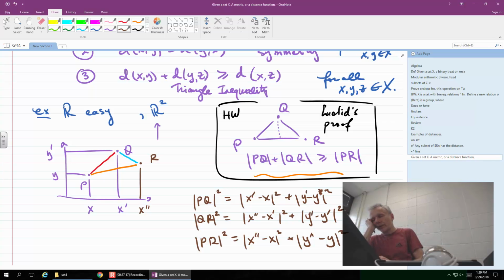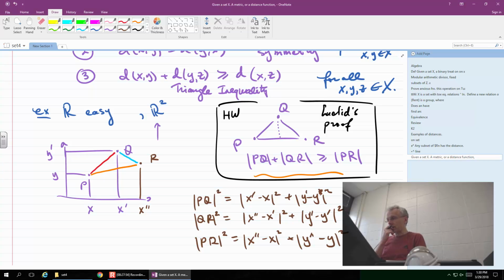Actually, if I remember correctly, it involves the dot product. Probably the easiest way is to have the dot product available in order to prove this. Because right now, as you can see, we're looking at squares of the distances rather than the distances themselves. So if we try to add these together, it's not going to work out that easily.